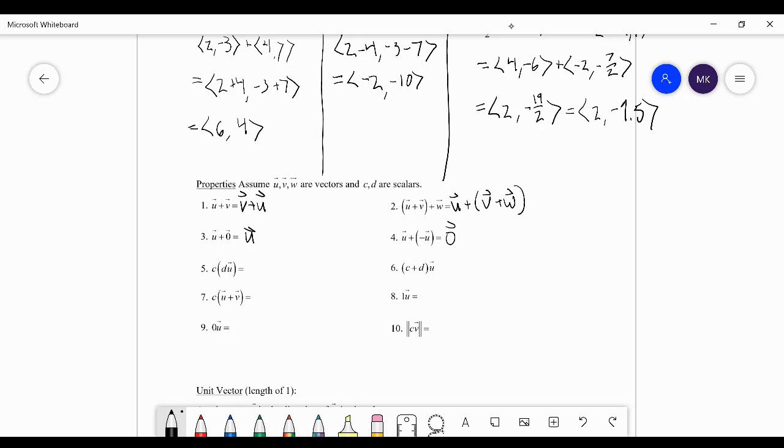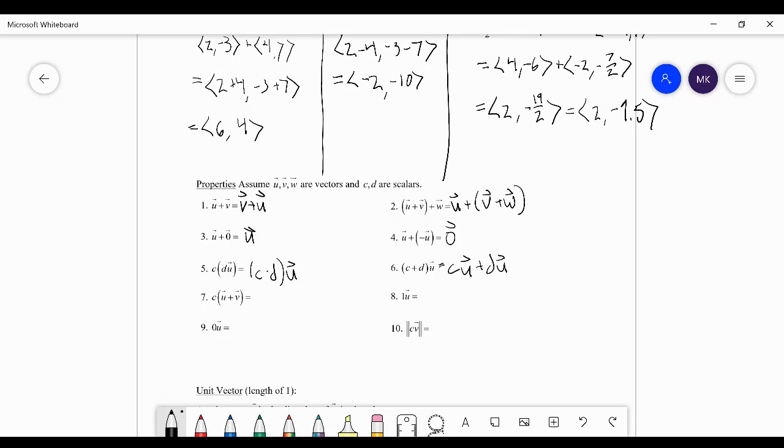Now the scalar c times the scalar d times the vector u is just the same as c times d times the vector u. If I have c plus d times the vector u, that is the same as c times u plus d times vector u. What's really nice there is that it tells us that we can distribute a vector across scalar addition.